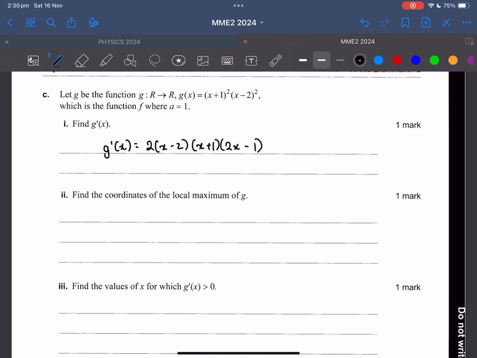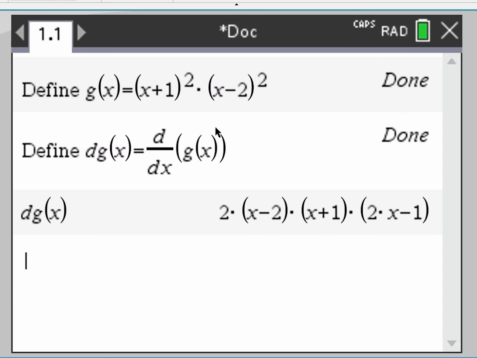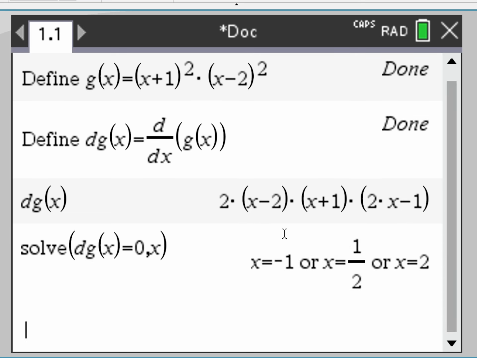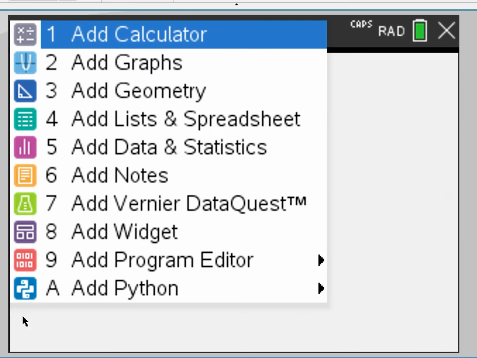Find the coordinates of the local maximum of g. So solve g'(x) equals 0, x. There you go. These are our x coordinates for the turning points. Now, how do I find which one is the local max and which one is the local min? Yes, we can substitute the values of x into g(x), but that means we have to substitute 3 values. So I'm going to just plot the graph instead.